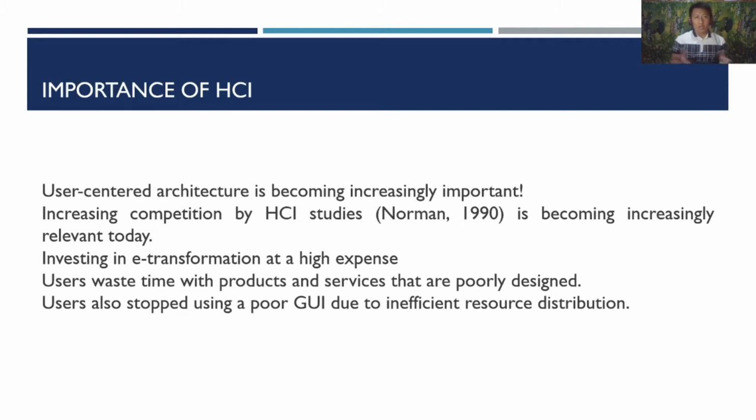So what are the studies that they used to conduct during the 1990s? They used to study the interaction between humans with each other, and they wanted that interaction to happen between the human and the machine.